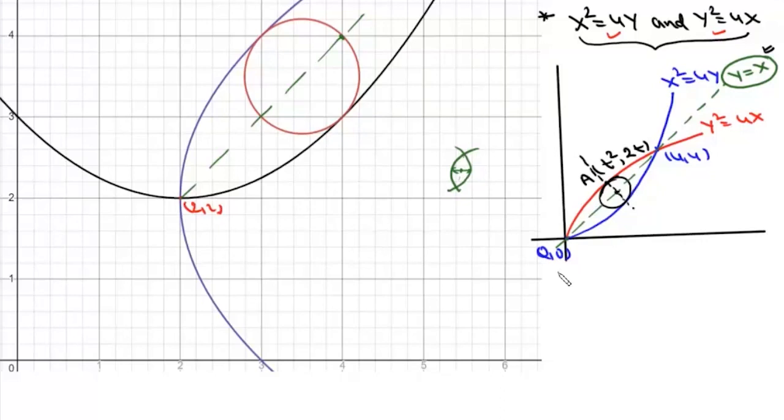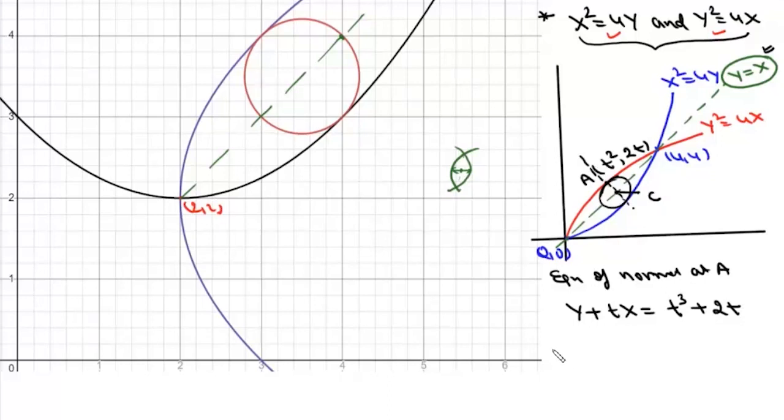Now if we write the equation of the normal at A, it will be given by y plus tx equals at cube plus 2at, and a in this case is 1, so it will be t cube plus 2t. Now basically the center of the circle is nothing but the intersection of this normal with the y equals x line.